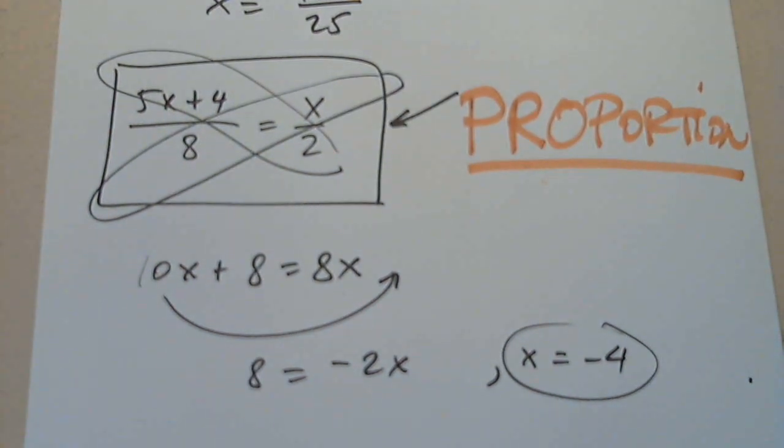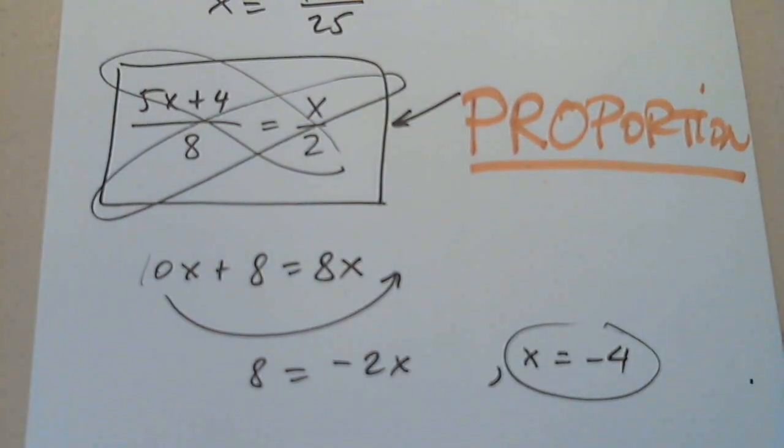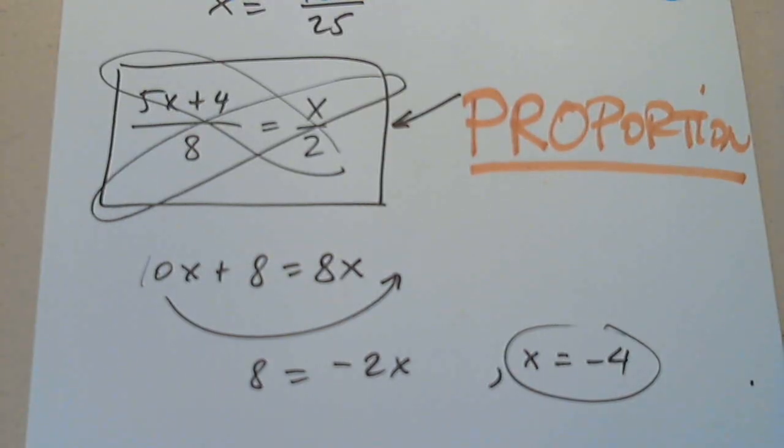So whenever I see a proportion, I change it into a product. Only a proportion allows us to do this. I don't know if you remember, you're way too young to remember, there was a baseball player by the name of Yogi Berra. And I remember one thing he said. I never watched him play. I love baseball, but I never watched him play.